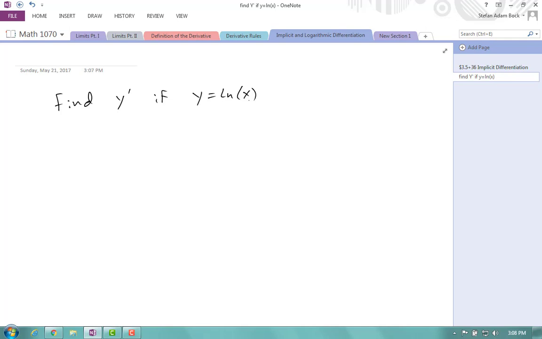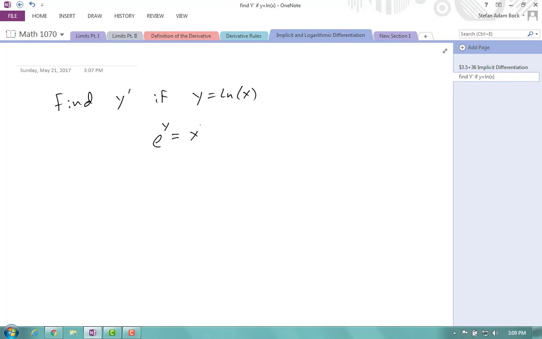But it's helpful for us to do it with implicit differentiation, particularly when we get to the inverse trig functions. So if y is equal to the natural log of x, then an equivalent way of writing this means e to the power of y is equal to x. This is either using the definition of the log notation or raising both sides as a power of e.